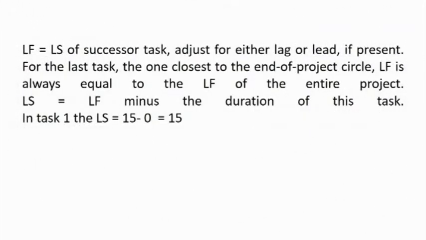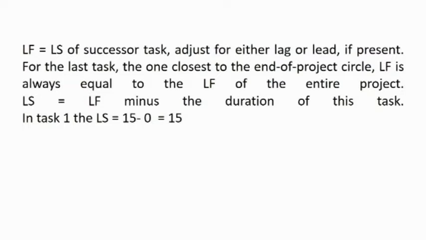The late finish is also calculated as follows. LF is equal to LS of the successor task adjusted for either the lag or lead if present. For the last task, the one closest to the end of the project cycle, the LF is always equal to the LF of the entire project.